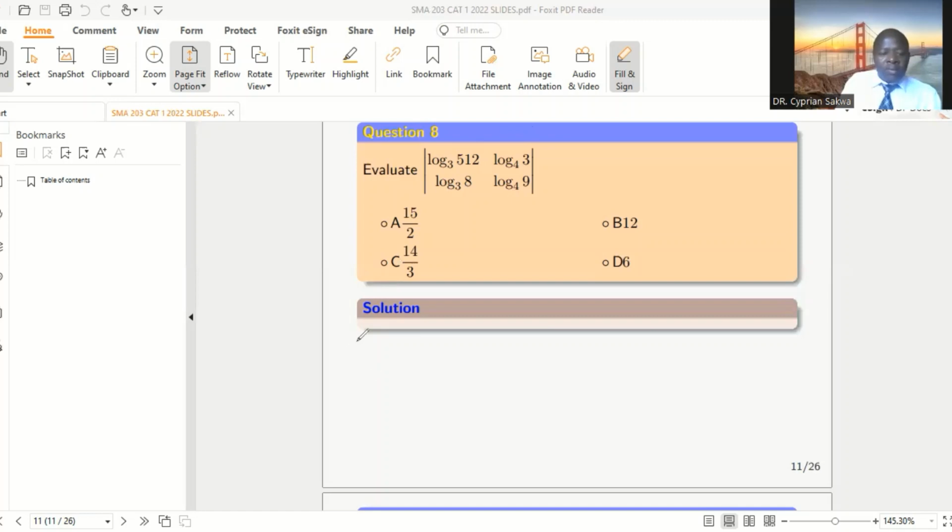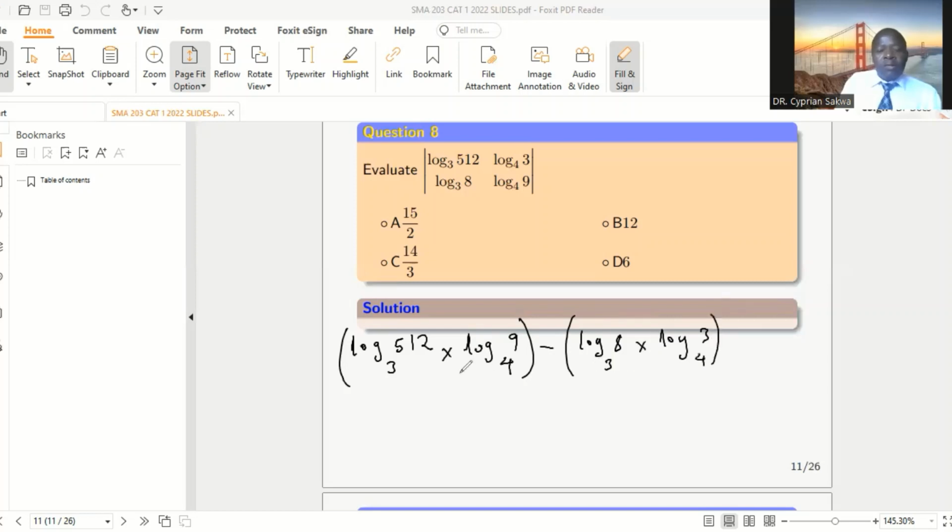The determinant of this matrix will be the product along this diagonal, which is the logarithm of 512 to base 3 times the logarithm of 9 to base 4, and then from this result we subtract the product along the other diagonal, the logarithm of 8 to base 3 times the logarithm of 3 to base 4.